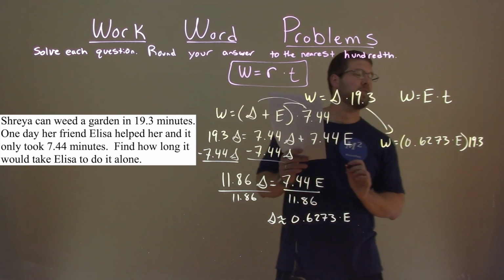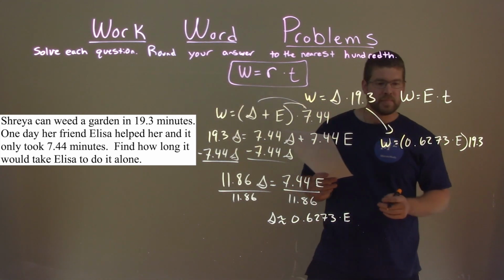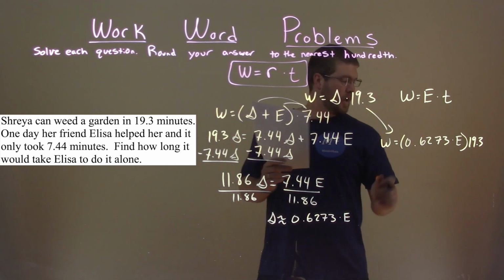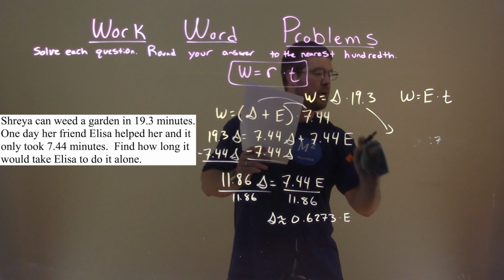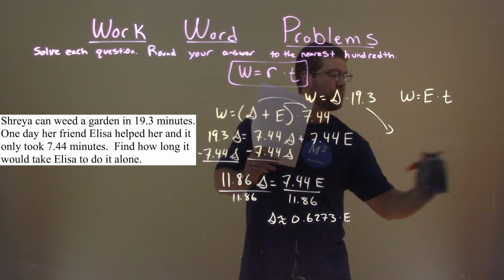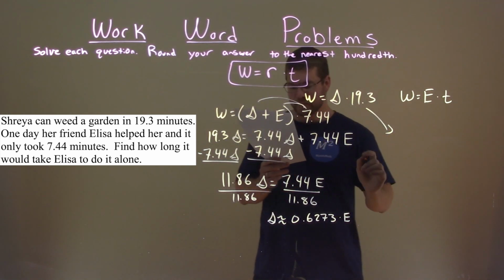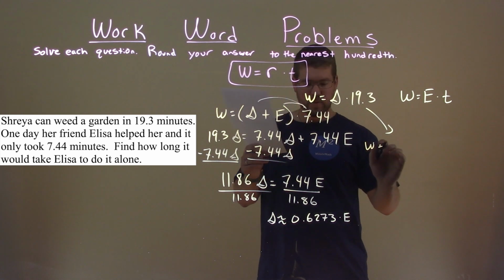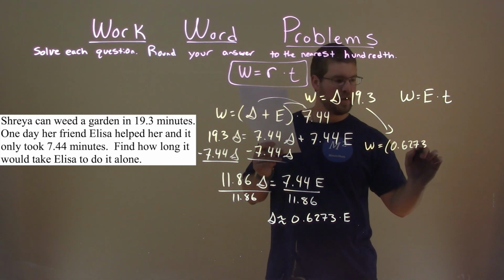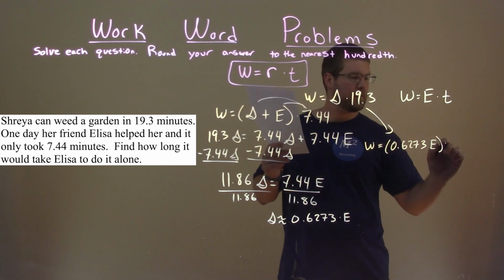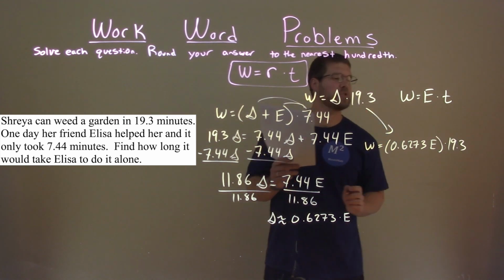Oof, barely fit that in. Let me erase that just in case it didn't. I'm going to rewrite that because I don't know if it's going to be off screen. I would hate for it to be, so sorry if it was. So that work equals, we're going to replace Shreya again, 0.6273 E times 19.3. All right, that should be on.